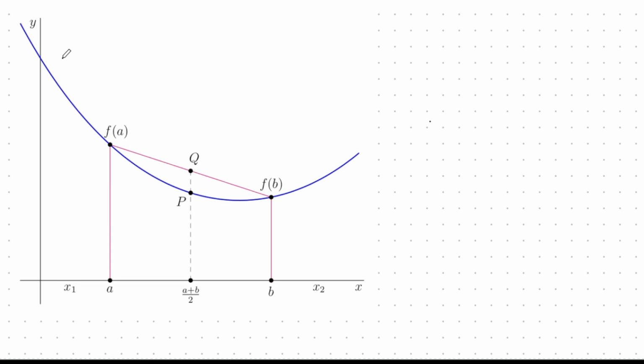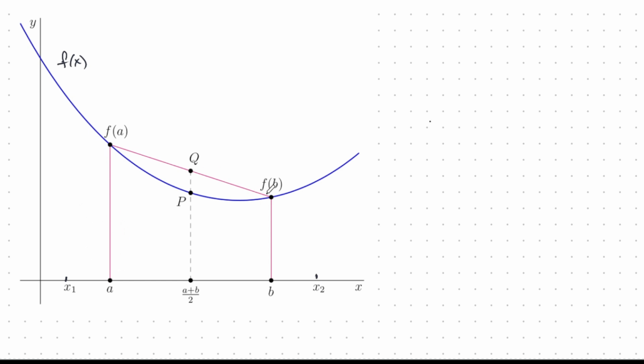Here I've drawn a nice clean figure. This here is my f of x. It's convex up, the blue curve. My interval of convexity is x1 to x2, from here to here. In fact, this interval can be as big as you like because this function is convex everywhere.